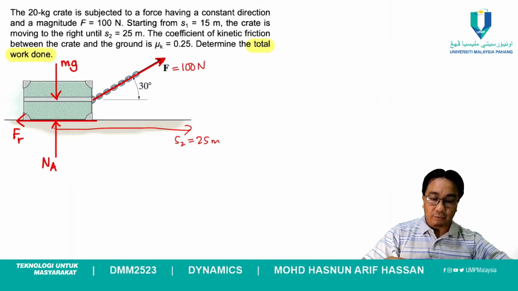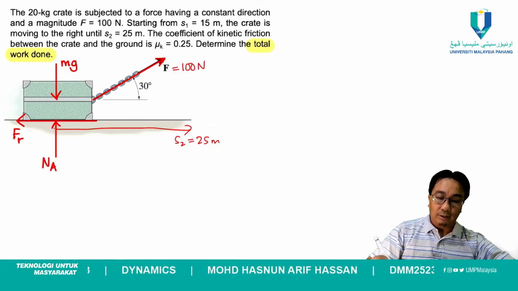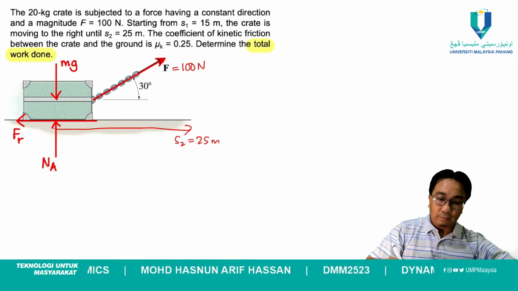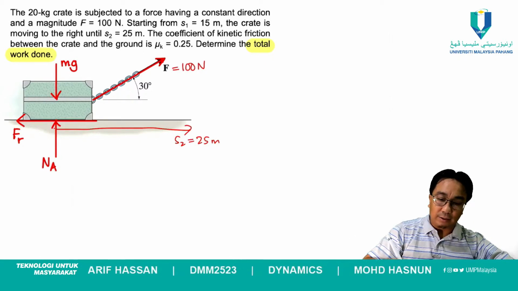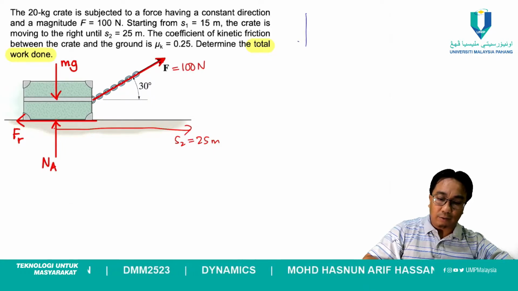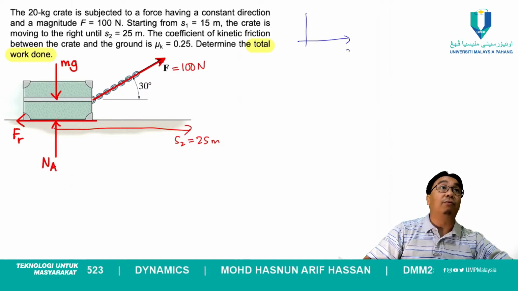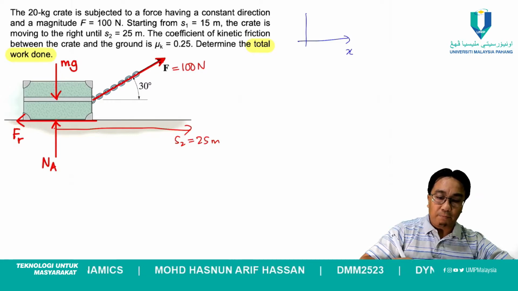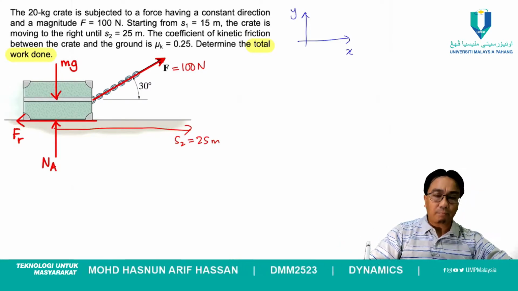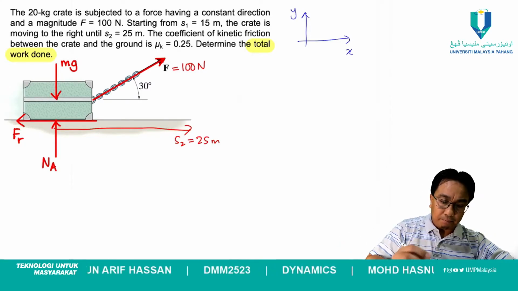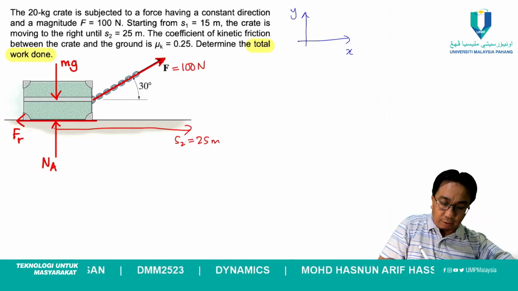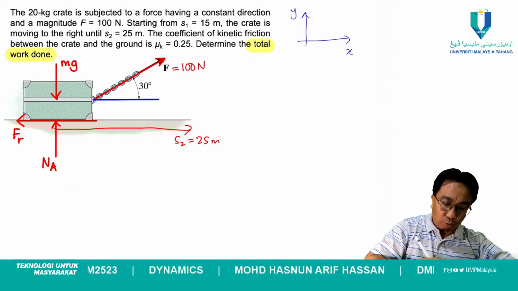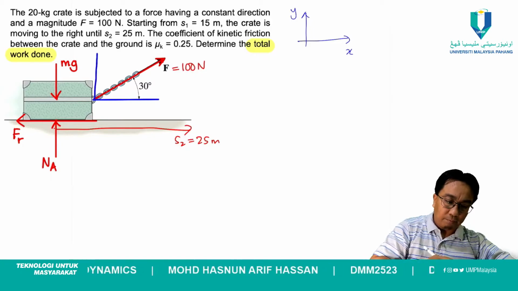In fact, the force 100 newton we can also, okay, let's define our coordinate system first. So let's define x positive to the right and y positive pointing up. And this force F here we can also resolve into 2 components based on our axis.